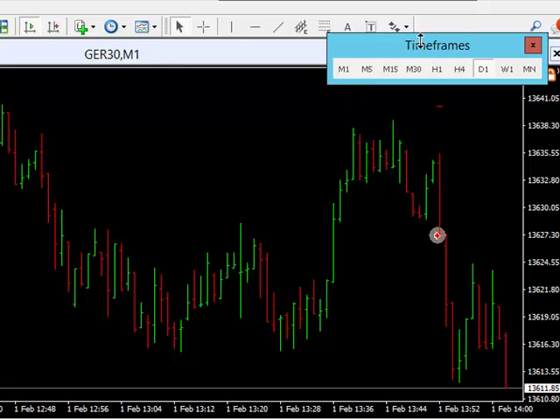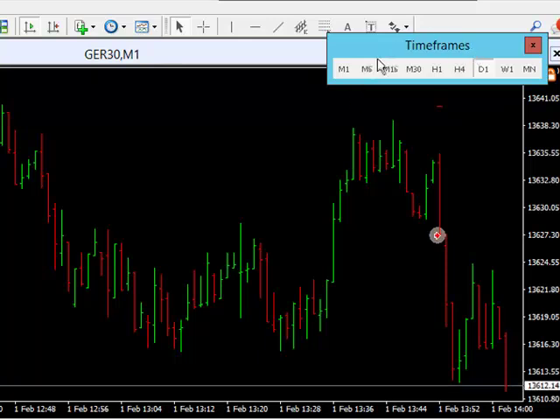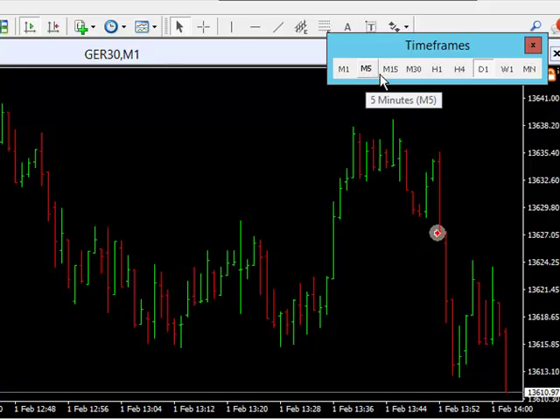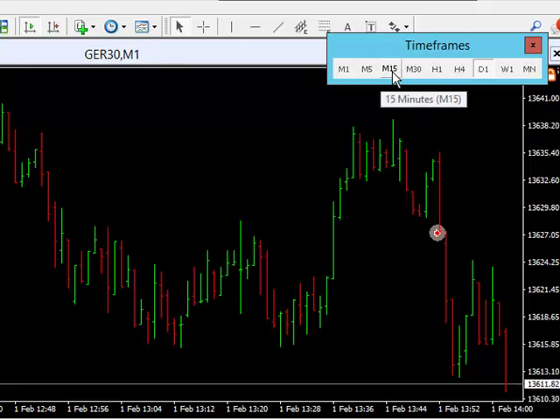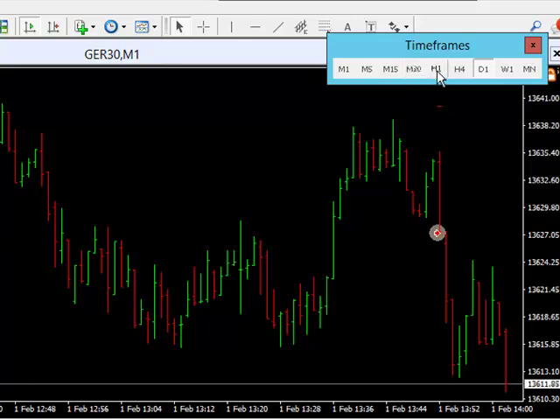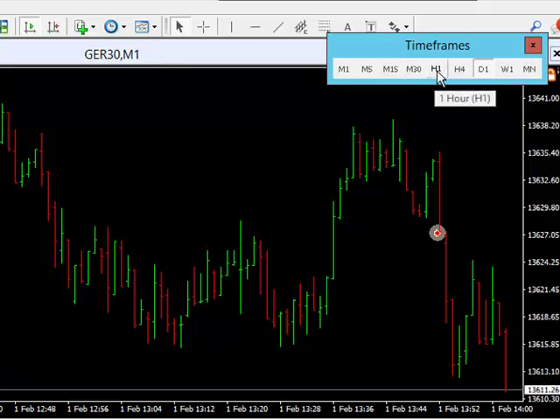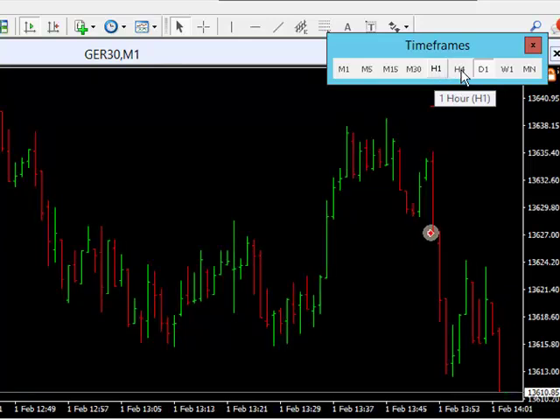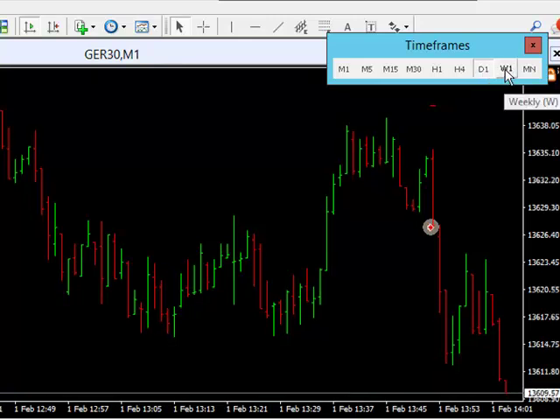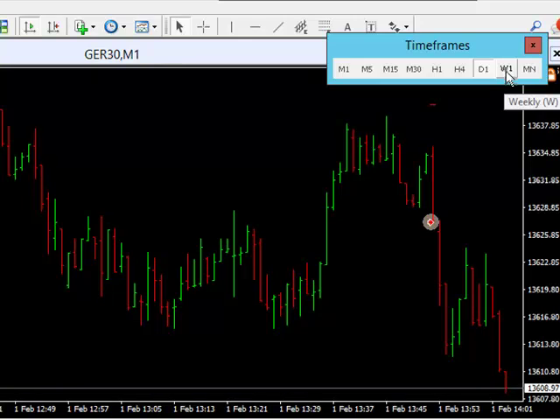We can see here time frames, and you have M1, which is a 1 minute chart as it shows, M5, which is a 5 minute chart, M15, 15 minute chart, M30, a 30 minute chart, H1, a 1 hourly chart, H4, a 4 hourly chart, D1, a daily chart, W1, a weekly chart, and MN, a monthly chart.